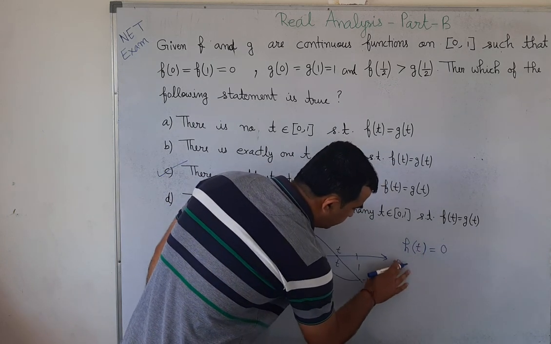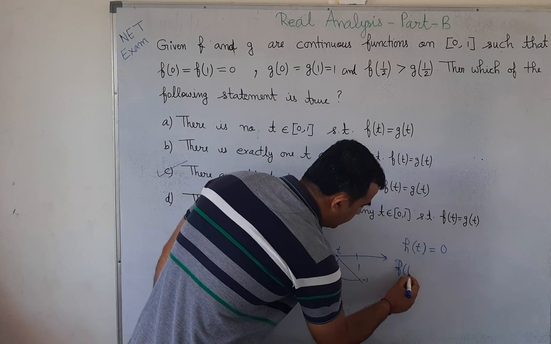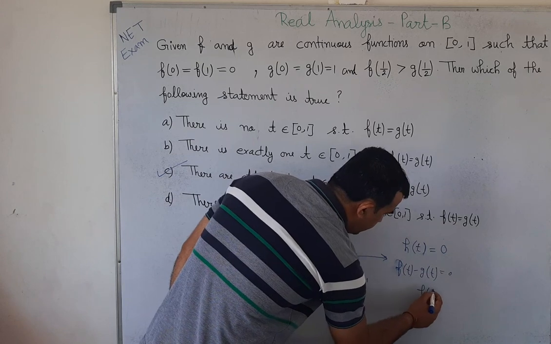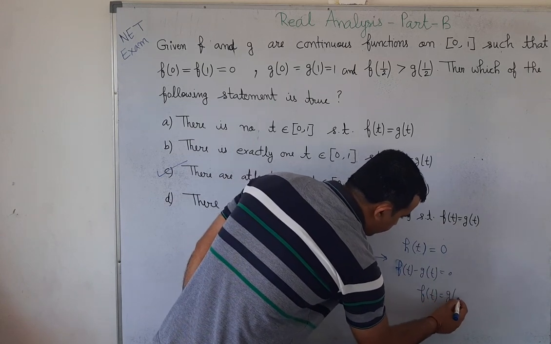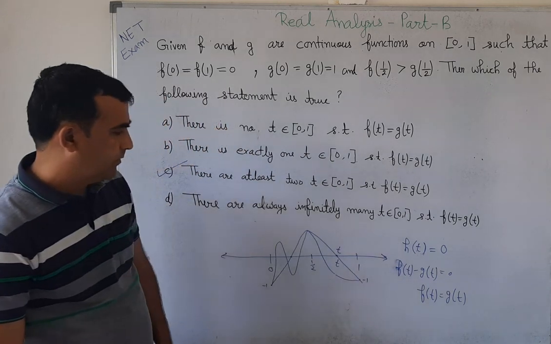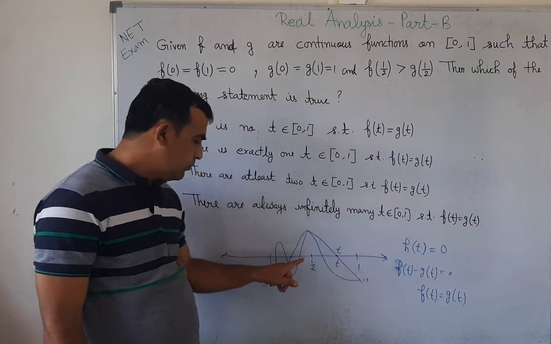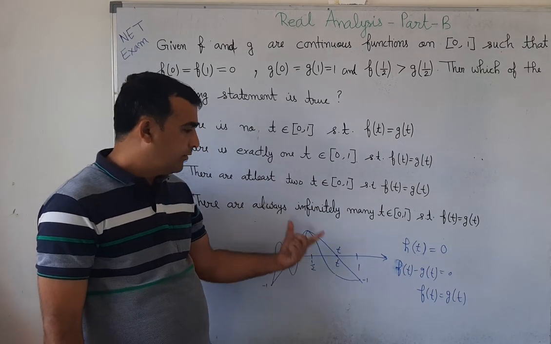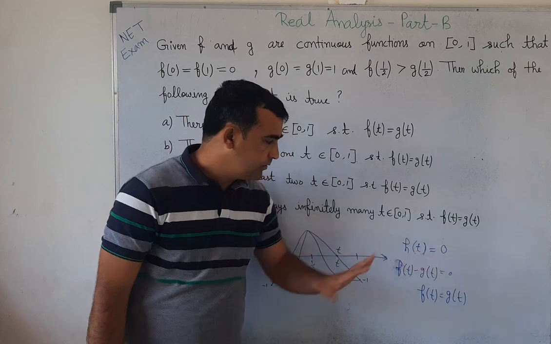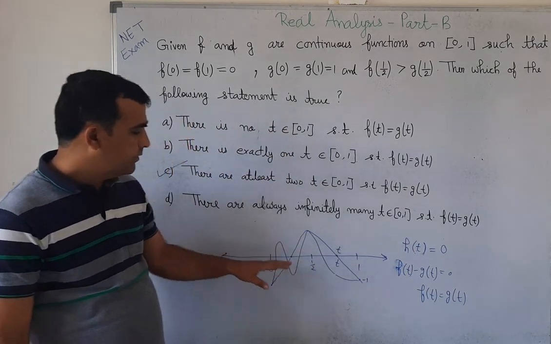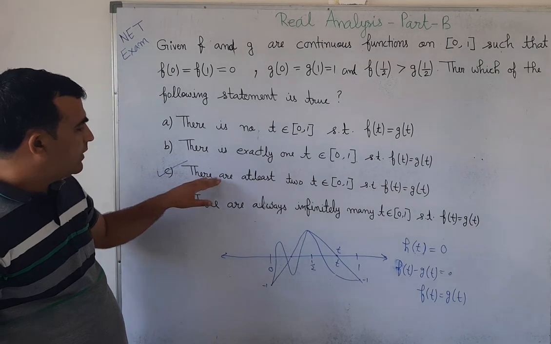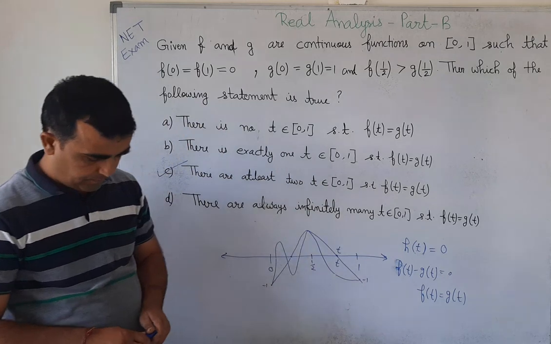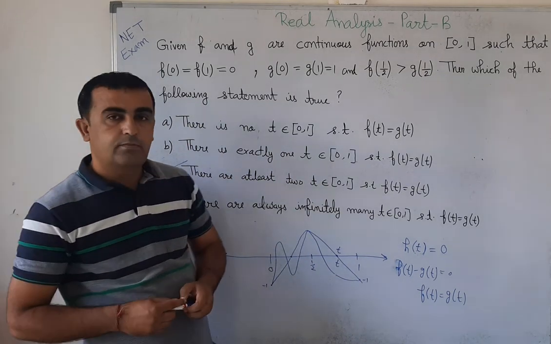That means f of t minus g of t is equal to 0, so f of t is equal to g of t. So we have at least 2 points in the domain that we can guarantee for which h of t is equal to 0, and from this discussion we conclude there are at least 2 t belonging to [0, 1] for which f of t is equal to g of t. The question is complete.